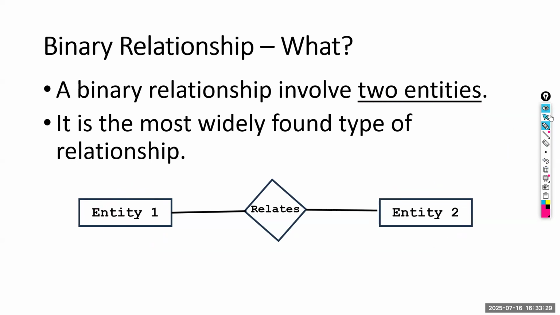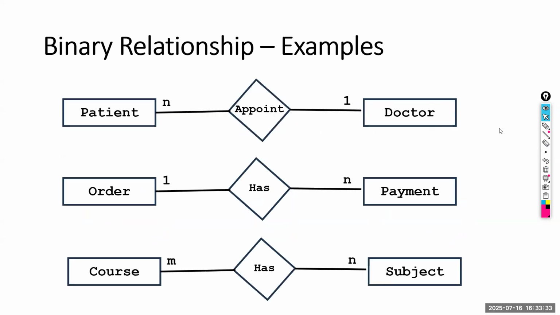That is the easiest to understand. Of course, it can be one to one, one to many, many to many, but that is a different concept. That is multiplicity or cardinality. This is degree. Degree is two, or binary. So therefore, you can have binary one to one, binary one to many, binary many to many.